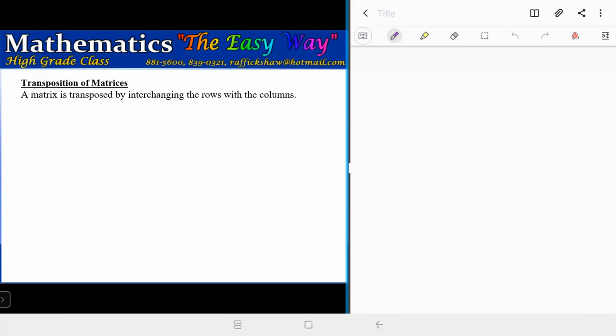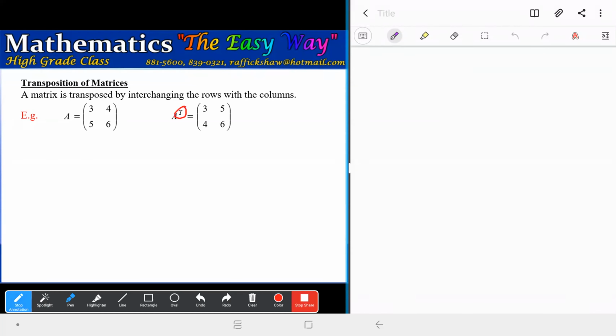A simple example is that if you have this matrix 3, 4, 5, 6, if I make the rows become the columns and the columns become the rows, then we would have formed the transpose matrix of A. And the T on the A here means that we have transposed it. So you notice then that this row 3, 4 is now this column 3, 4, and this row 5, 6 is now this column 5, 6. As simple as that. That's how we transpose.